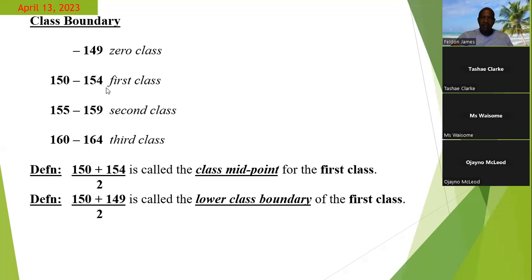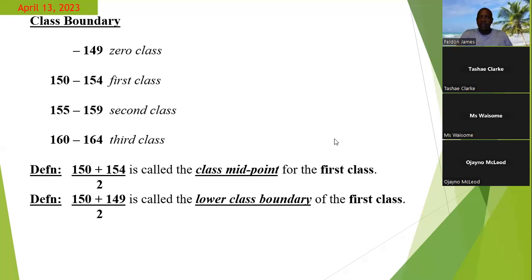We found the difference to be 4. Then you divide the difference by 2. And then all we need to do to get all of the class midpoints is add 2 to the lower limits. So if we add 2 to the first class lower limit, we get 152.